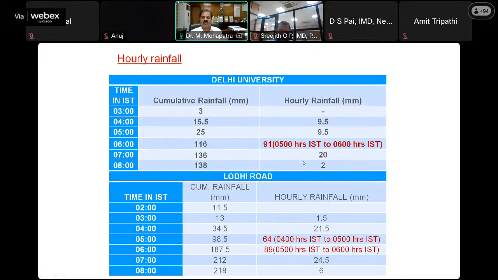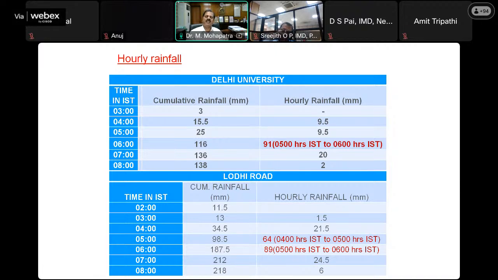Then 6 to 7 was 20 millimeters. Then 7 to 8, it was 2 millimeters. If you look at the hourly distribution, 5 to 6 hours IST had the maximum rainfall, the 91 millimeter, and otherwise it was only light to moderate rainfall.